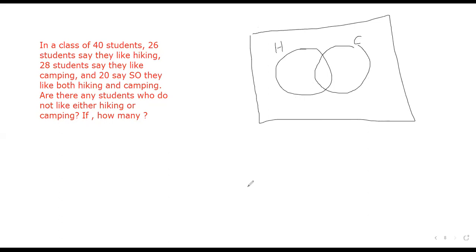Then we include the intersect, which is 20. They like both hiking and camping, 20. So 20 here.